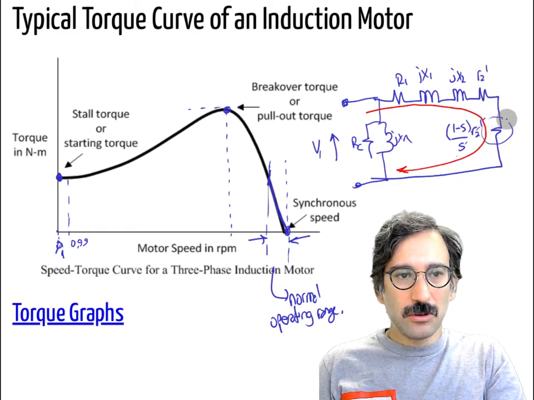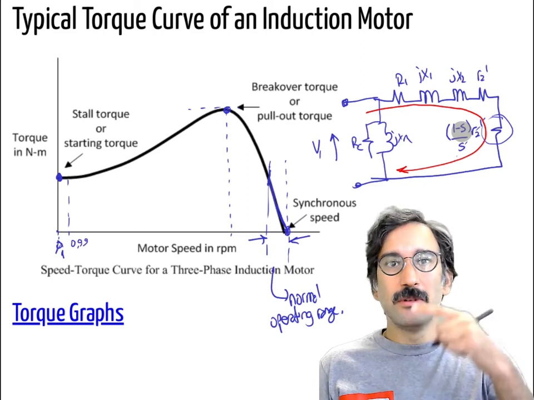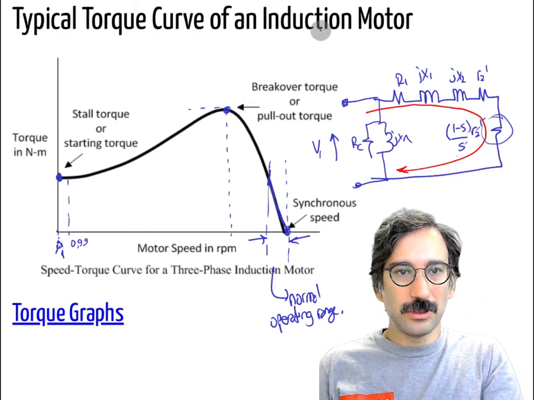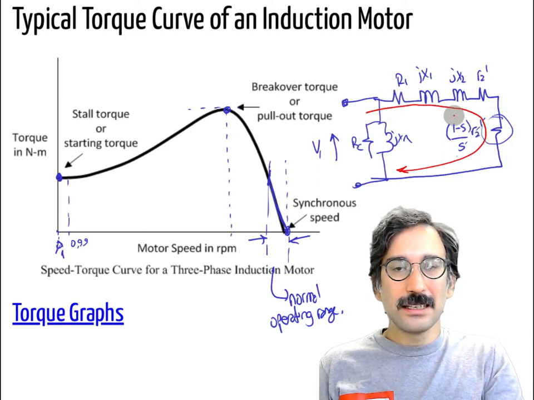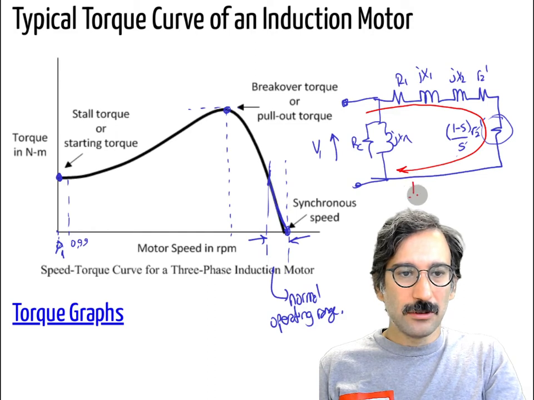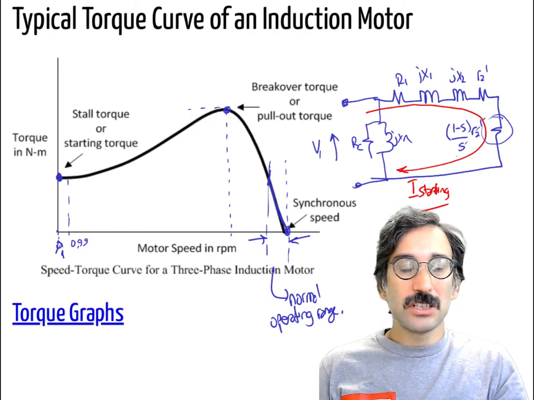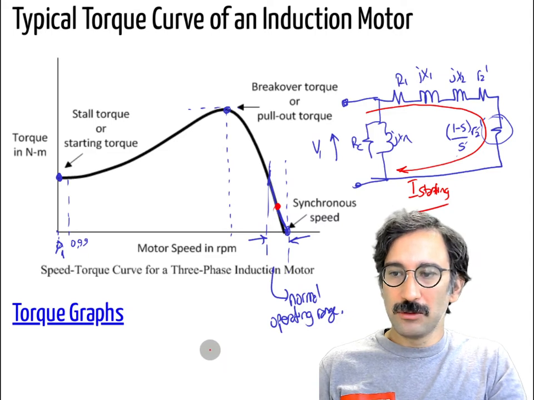So that component here actually has a small resistance when the motor is just starting to rotate. In this case, that series branch has its minimum value, and you have the starting current I, which can be really large compared to normal operation.